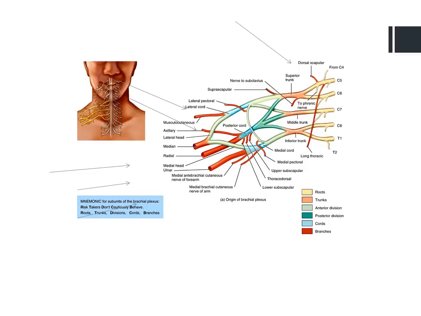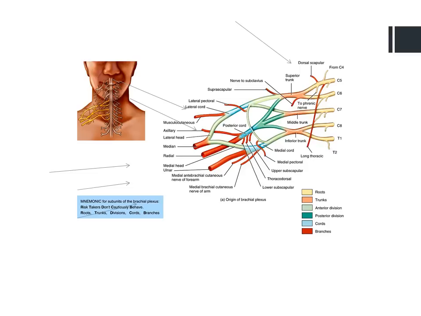With the superior trunk, we're mixing C5 with C6 nerve roots, and in the inferior trunk, we're mixing C8 and T1 nerve roots. Well, the trunks then immediately divide. So we have 5 to 7 nerve roots coming in to form 3 trunks, and then the 3 trunks immediately divide into 2.